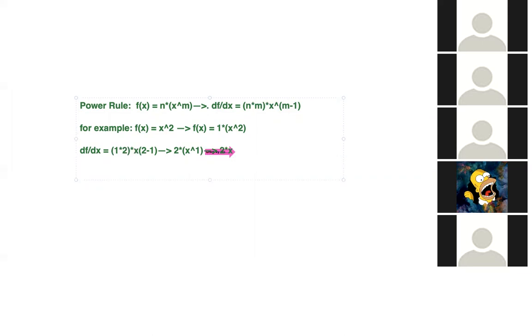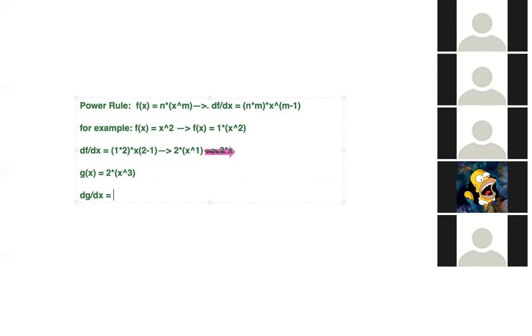Let's do another example, and we'll say some function g of x is equal to 2 times x raised to the 3 power, right? And then we want to calculate dg dx, right?